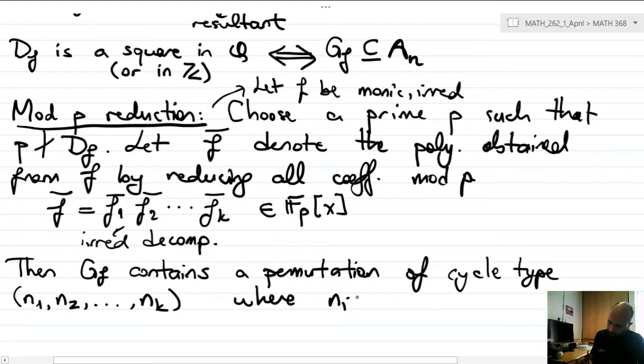Here, of course, N_i is the degree of F_i bar.